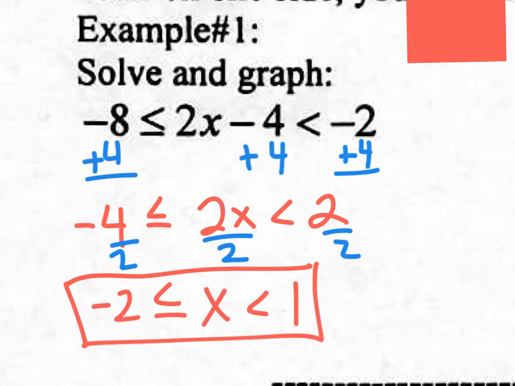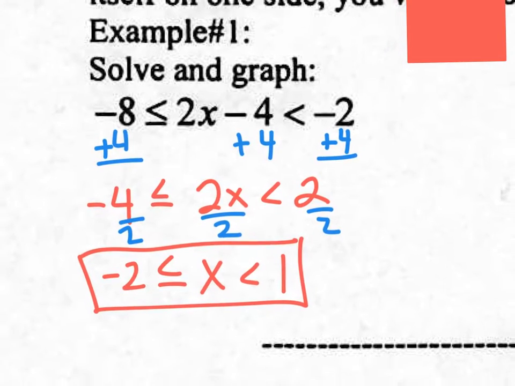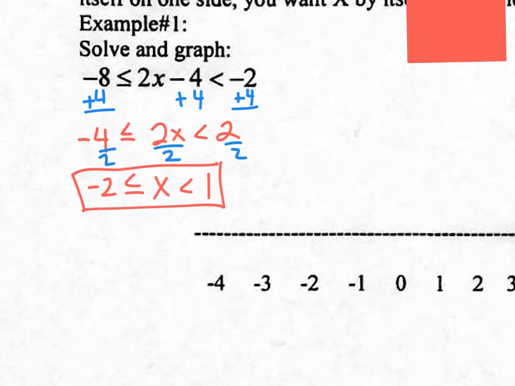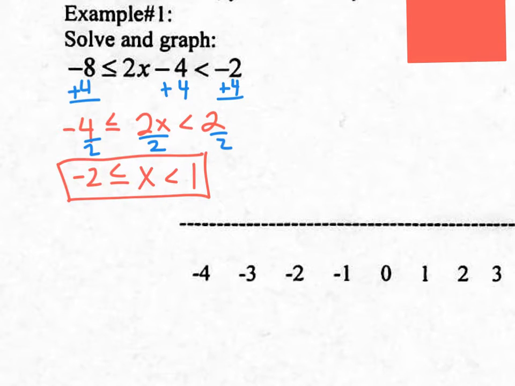Now, they do ask us to graph it, it says solve and graph. So we have a number line right here. Negative 4, negative 3, negative 2, negative 1, 0, 1, 2, 3. Okay, and let's graph this compound inequality. So let's focus in on one side at a time. Even before graphing, is this area going to be together or apart?